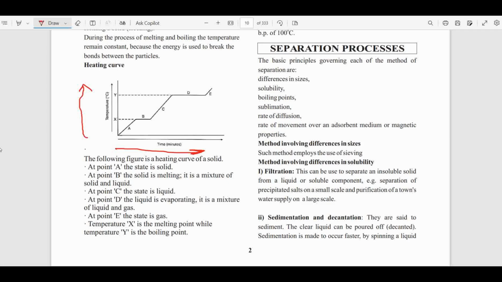So now there are important points on this curve. You will notice the x and the y, and you will notice that at this point the temperature is constant. We'll come back to that.